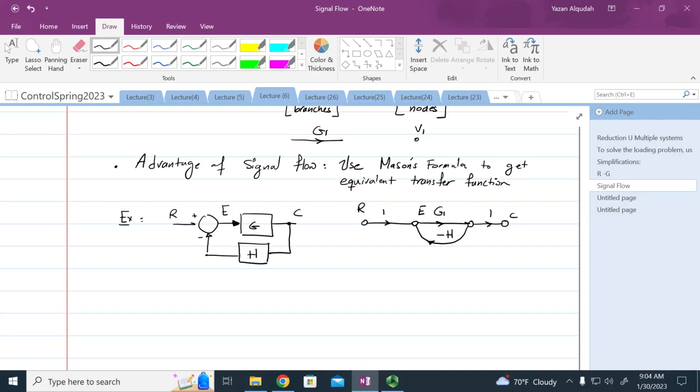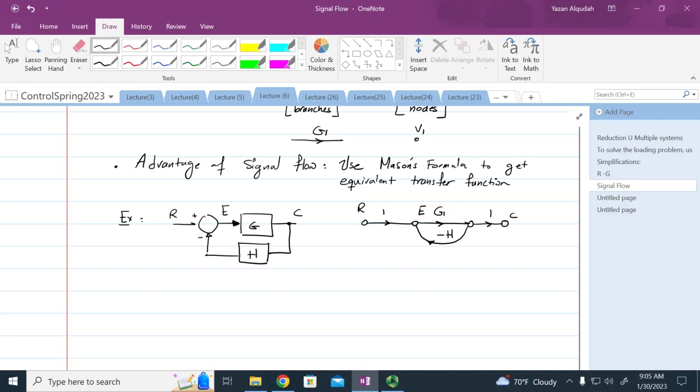Is that clear, everybody? Now, what is this error signal here equal to? If you look at it here, what does it look like it's equal to? Excellent. It is R minus H times C. The error signal here is equal to R minus H multiplied by C. If we are not interested in the signal flow, I can look at this and say E is equal to R, there is a 1 here.